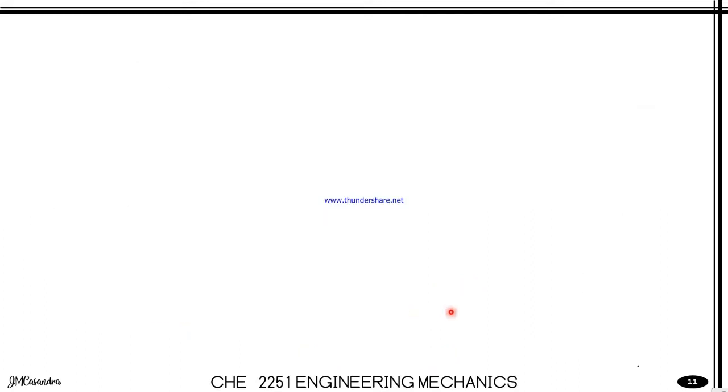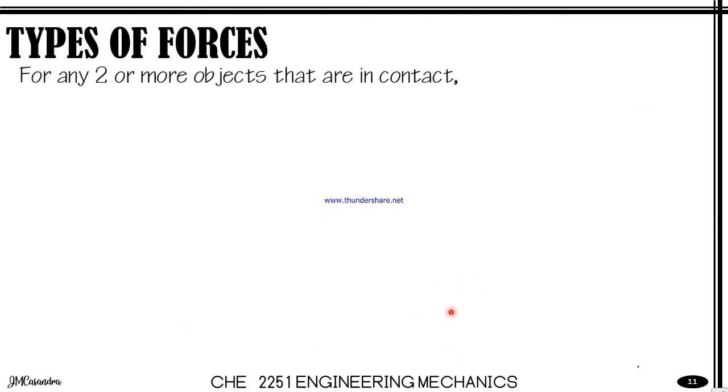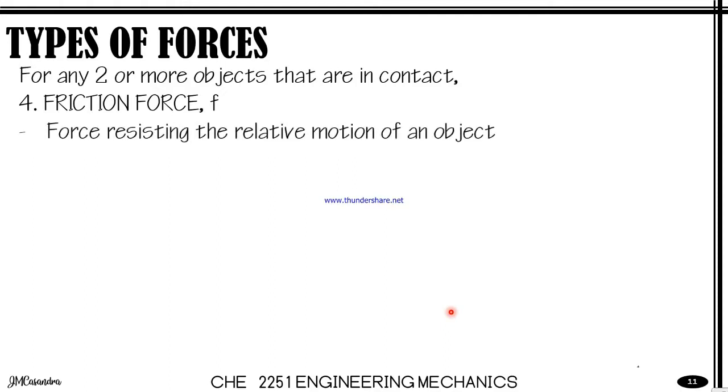The next types of force will be present for any objects that are in contact. And these forces will be our friction force and the normal force. The friction force, small f, is a resistive force that would resist the relative motion of an object.